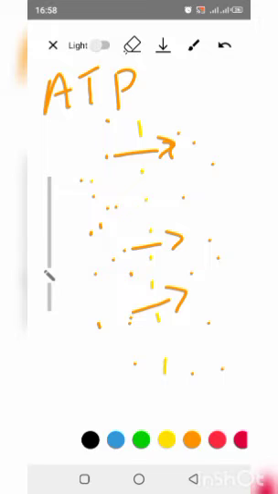So the only difference is that these ions are going to be moving by themselves, using energy from ATP or from respiration, against the gradient, in the direction opposite to diffusion.